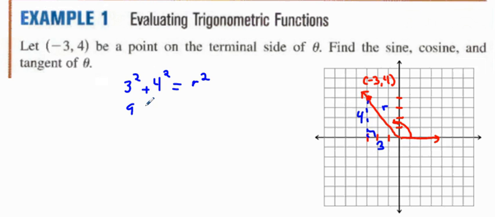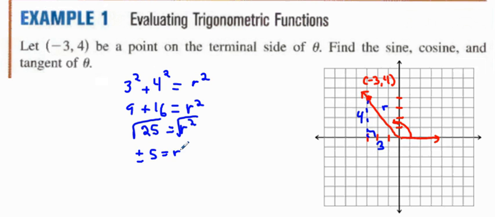That's 9 plus 16, which is 25. If r squared is 25, then r is the square root of 25, which is plus or minus 5. Since we're talking about a distance, we're going to use the positive root only, which is 5.